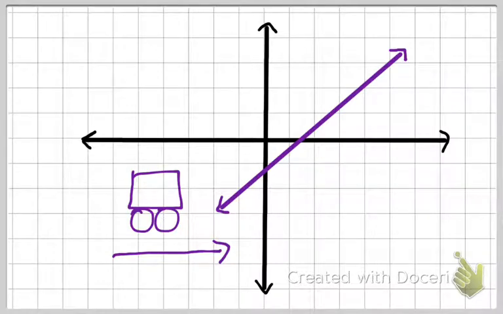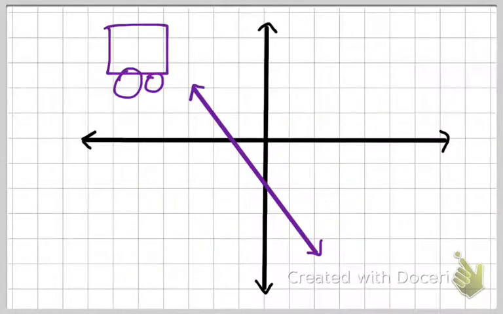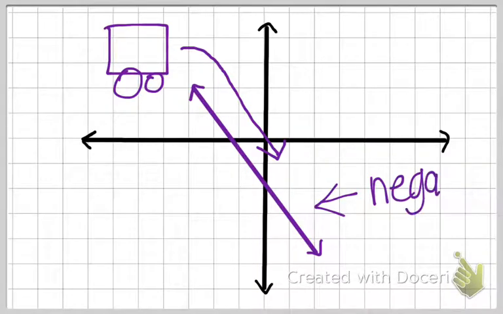Notice that if this truck continues to move, it's going to go up this hill. That means we have a positive slope. On this graph, if my truck moves left to right, it will go down a hill. So we have a negative slope.